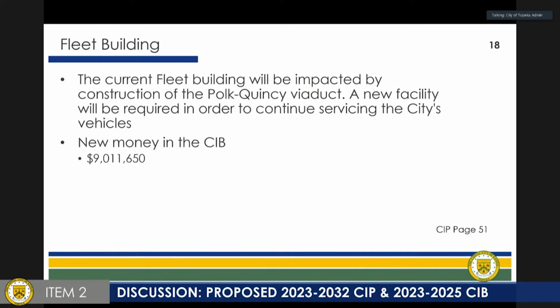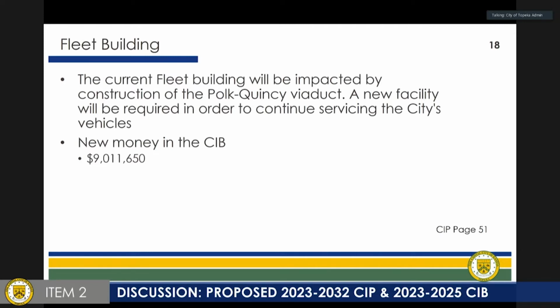A second component is fleet building. So our fleet facility is being displaced because of Pulp Quincy. And so we're looking at alternatives to blending our fleet buildings together. Those projects have been estimated anywhere from, I think, $6 to $9 million.